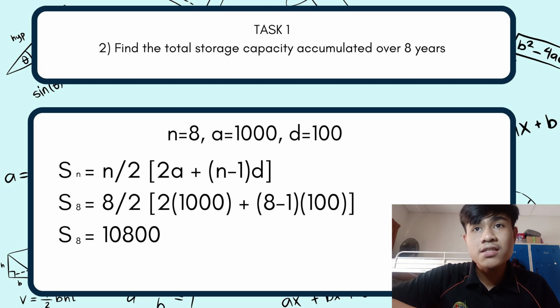So we get S8 equal to 8 over 2 multiplied by 2 multiplied by 1,000 plus 8 minus 1 multiplied by 100. So after the calculation, we got 10,800 units. So that is all from me. I will pass it to Muhammad Sirajuddin to continue presenting question number 3 for task 1.